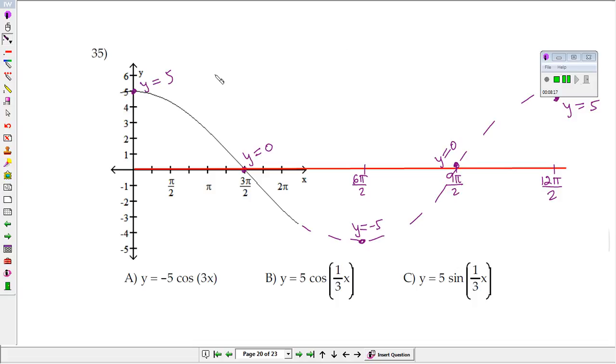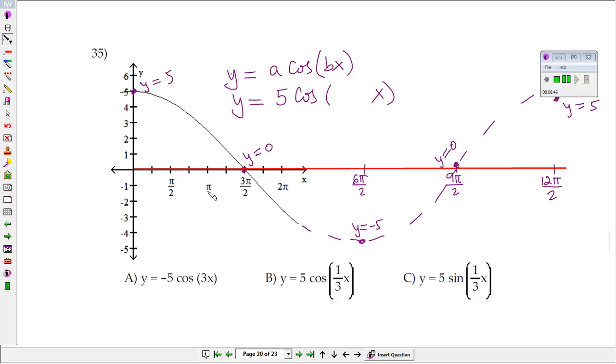This is the graph of cosine because the y-intercept is the y maximum. So the equation is y equals a cosine of bx. The graph of cosine starts with the y maximum, so there's no reflection in this case, and a is still 5.